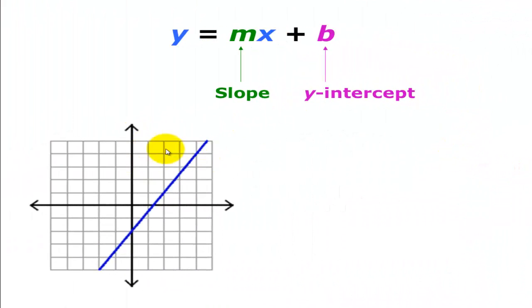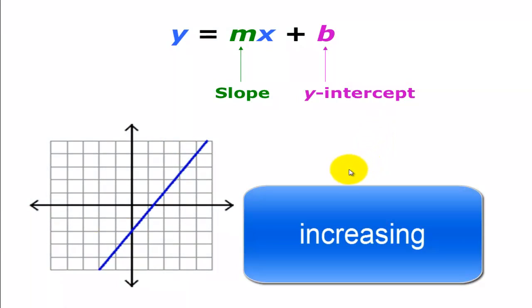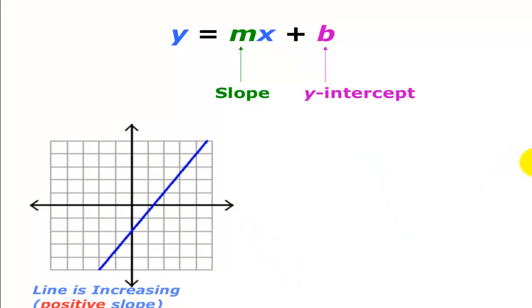So we have here a line that is increasing. It means that we have a positive slope. Now the y-intercept here is on this point. Now what are the coordinates of this point? It will be 0, comma, negative 2.